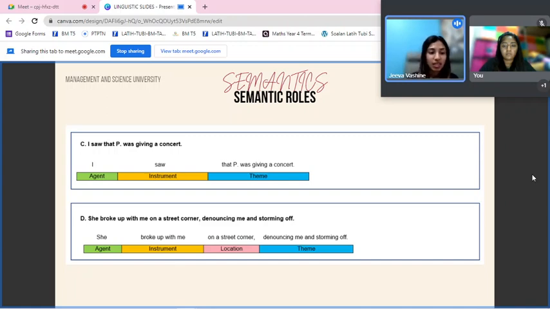For the next sentence, she broke up with me on the street corner, denouncing me and storming off. So she is agent, broke up me is instrument, on the street is location, denouncing me and storming off is a theme. So that's all from me.